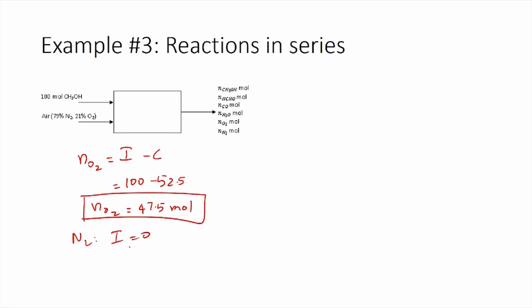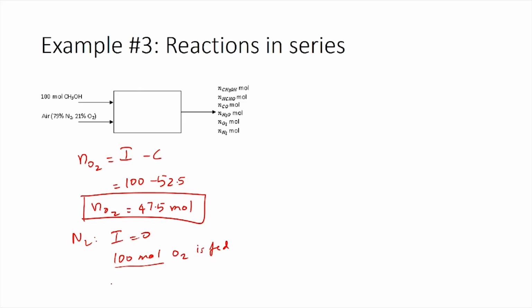Based on the information we have for oxygen, we can calculate the amount of nitrogen. We know that 100 moles of oxygen is fed. This means this 100 moles constitutes 21% of air. So, the rest 79% is nitrogen.